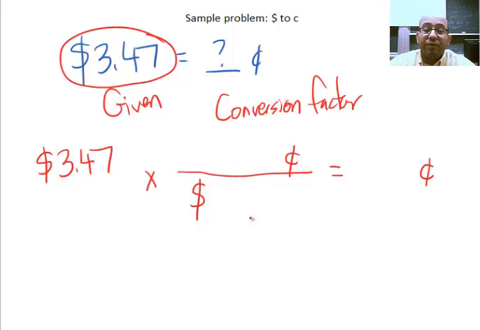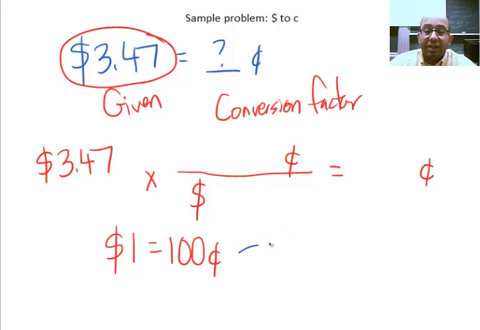So now I need to know what is the conversion factor from dollars to cents. Well, we all know that $1 is equal to 100 cents. And notice, because they're equal, I can put them on top of each other, and when you put two things that are equal to each other on top of each other in a fraction, it equals 1. So basically I'm always multiplying by 1.